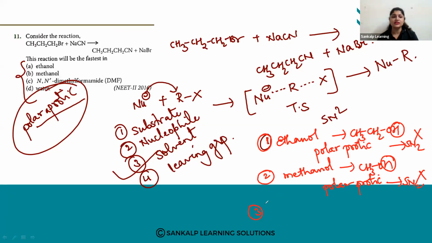Then the next is N,N-dimethylformamide. What is the structure? It is H, C double bond O, N, then CH3, CH3. There is no free hydrogen available, so this is a polar aprotic solvent, and here the SN2 reaction is possible.